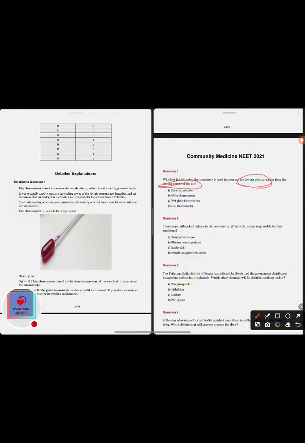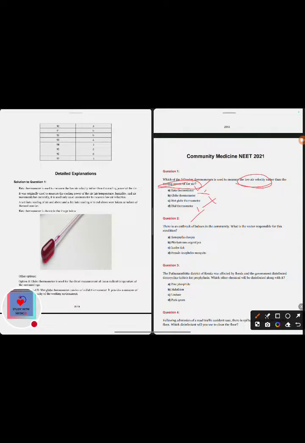So here we need to measure the velocity of the air. So it is the kata thermometer. The correct answer is kata thermometer, not globe, not wet globe, not dial. Kata thermometer is used to measure low air velocity rather than the cooling power of the air. It was originally used to measure the cooling power of the air, that is air temperature, humidity, air movement.